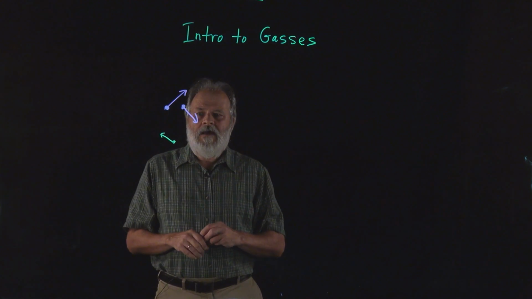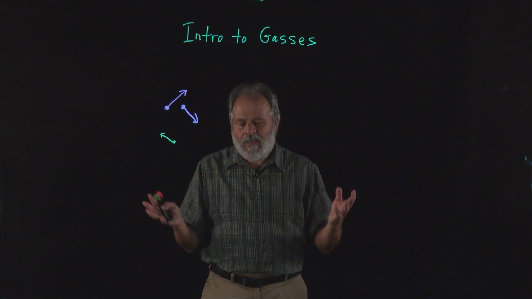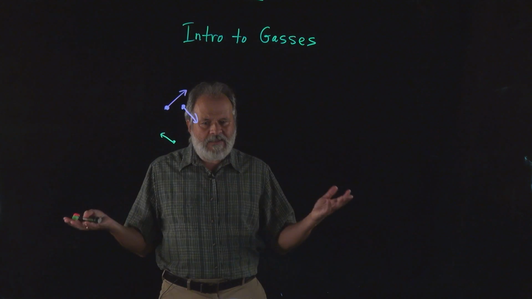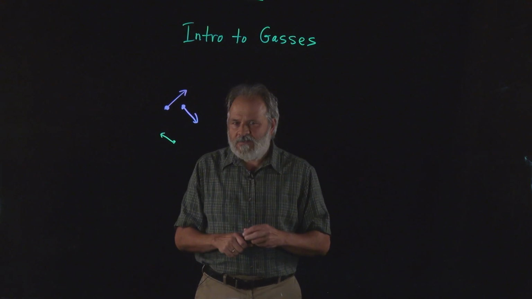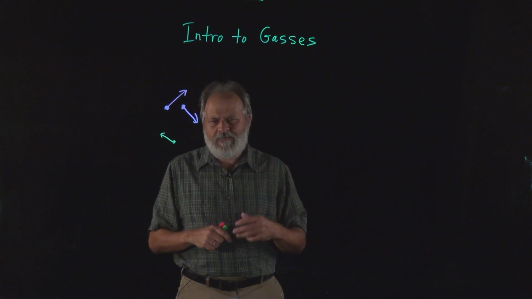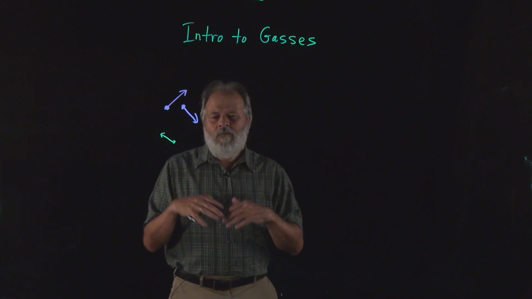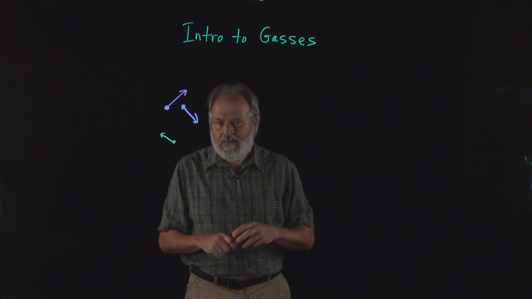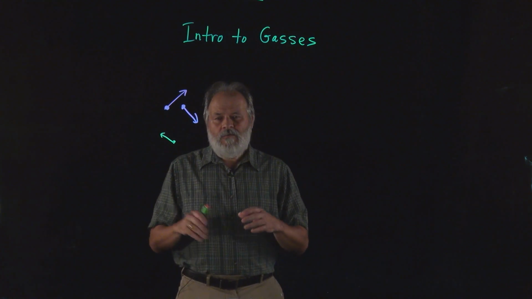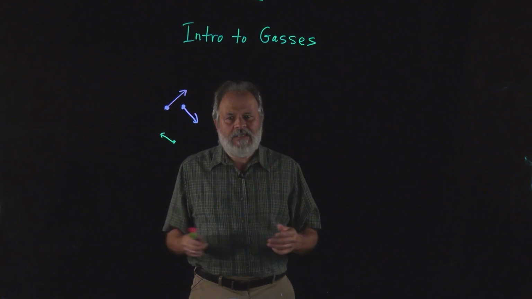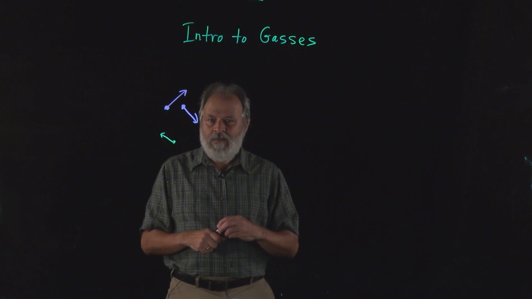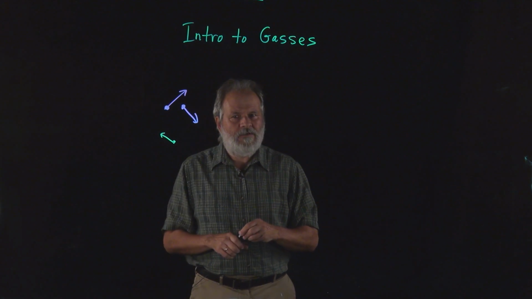You can think of the simple picture of gases kind of like bumper cars. In bumper cars, you have elastic collisions. That is to say, we don't lose energy in the collisions, we conserve energy. And if the total energy is constant over time, the temperature is going to be constant over time.